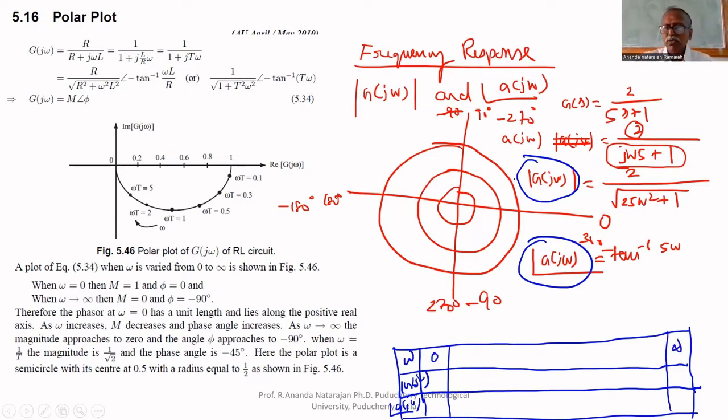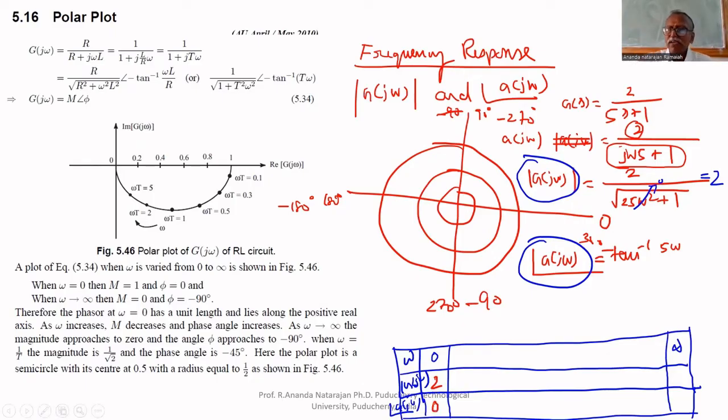If you substitute omega equal to 0, the magnitude is 2. When omega equal to 0, the angle is also 0.